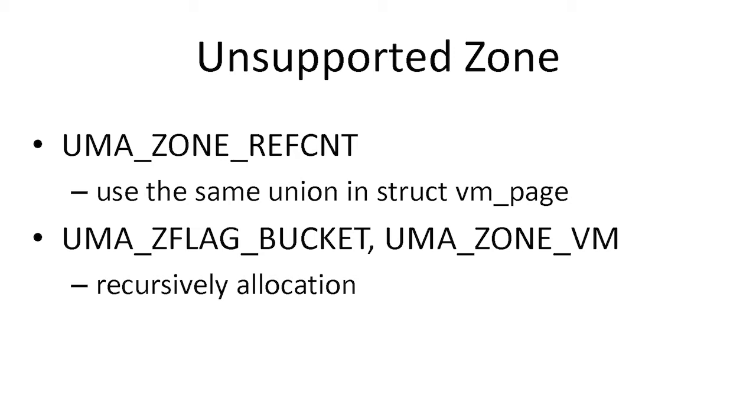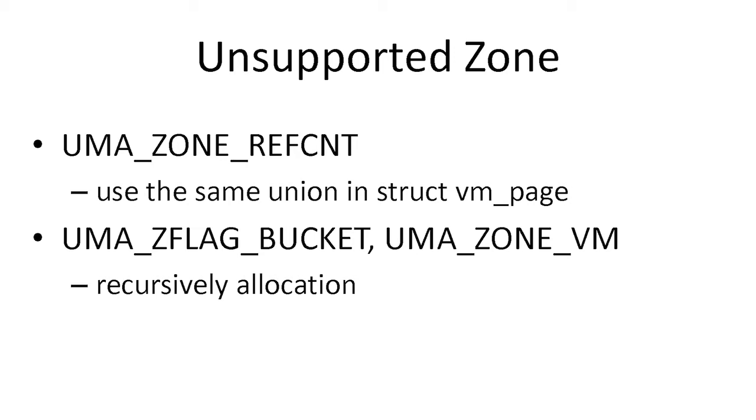MemoryGuard uses the same union. It saves the allocation size and request size, and when it's freed, it uses these values to know how much memory you allocated and how much memory the original user requested. So these two uses conflict. So in the current situation, this kind of zone cannot be protected by MemoryGuard.